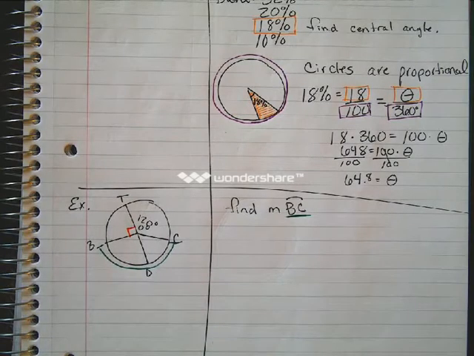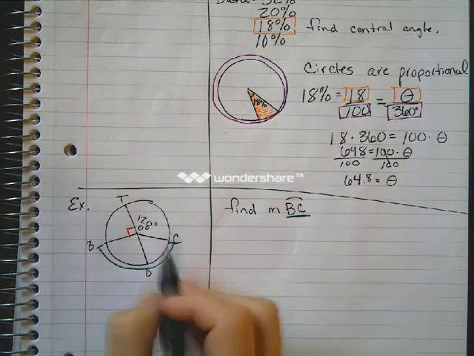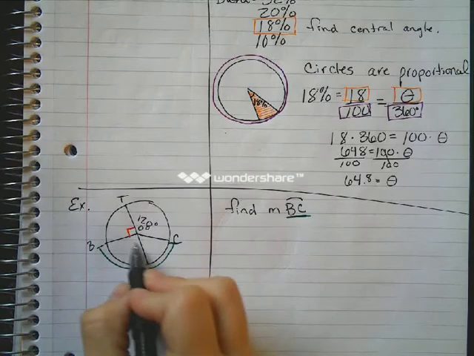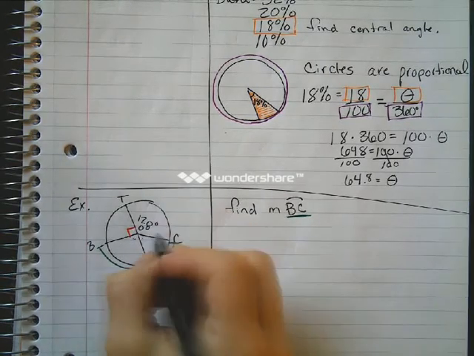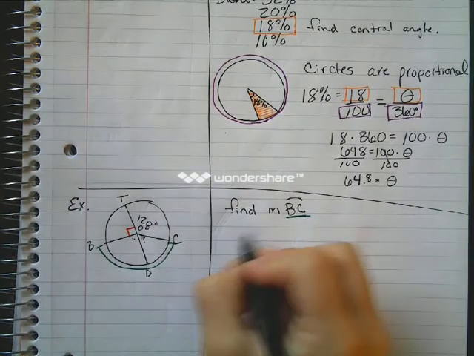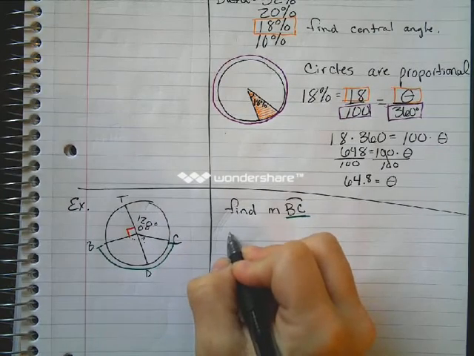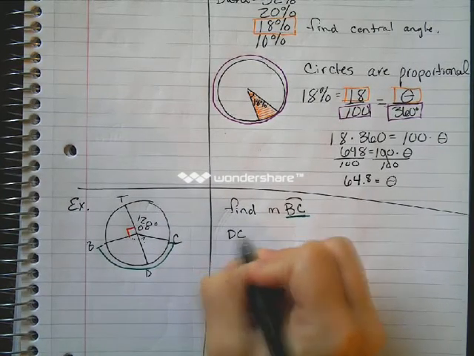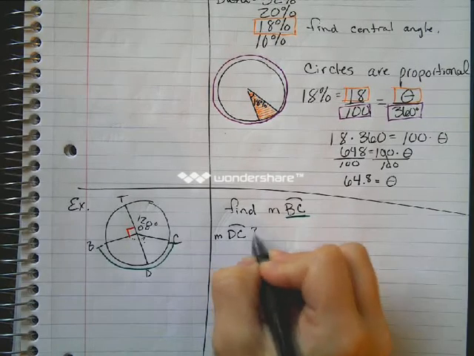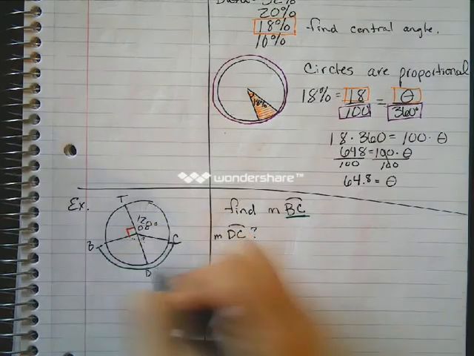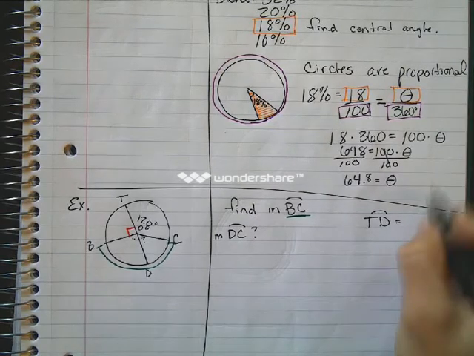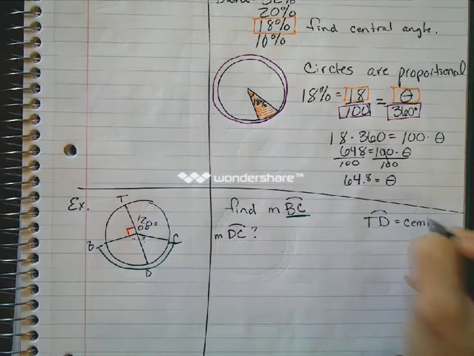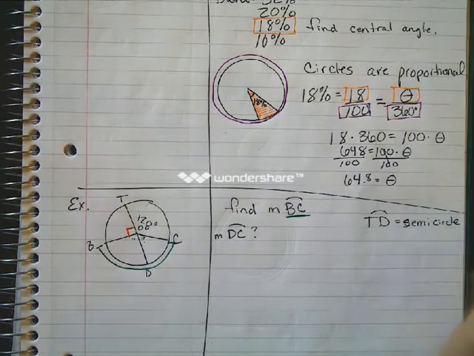DD is a semicircle. That means it's 180 degrees. So 180 minus 120 equal to 60. Oh, that's 128, not 120. Sorry. 128 is 52. Okay. And then we also need this arc.